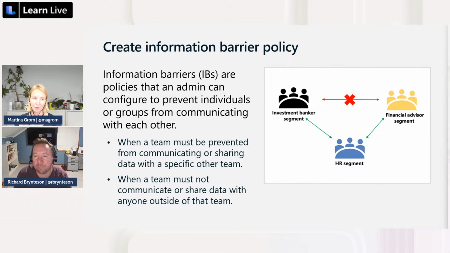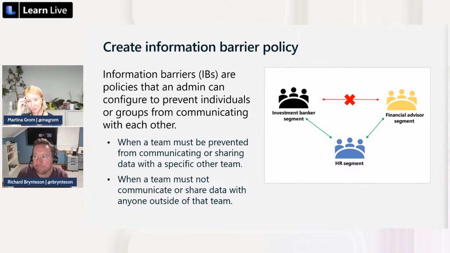But if you think about when you want to prevent a team from communicating with another team or sharing data with another team, it's kind of the opposite configuration to a shared channel, more or less. In that case, you are preventing specific teams from communicating with each other.